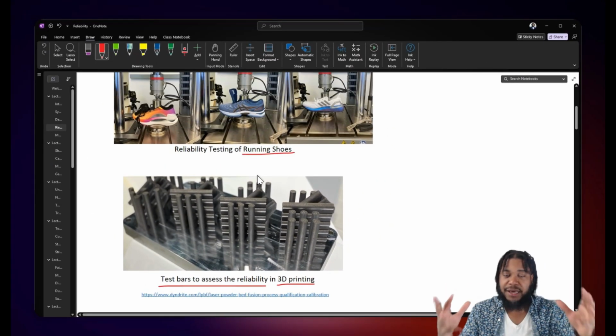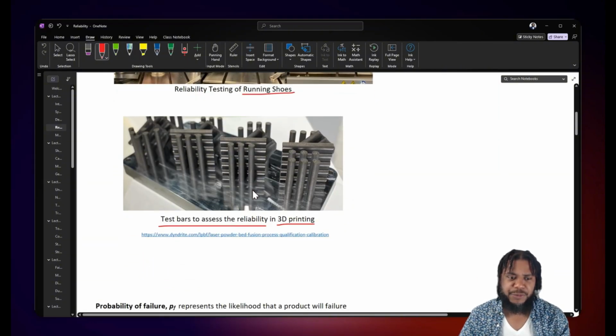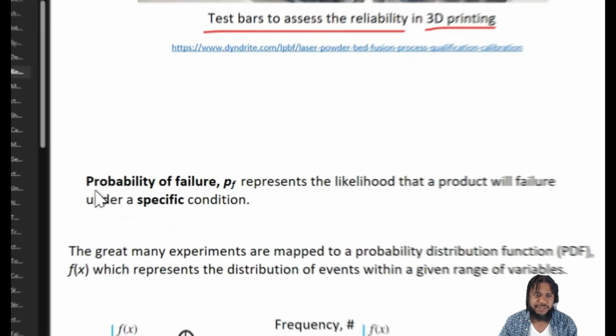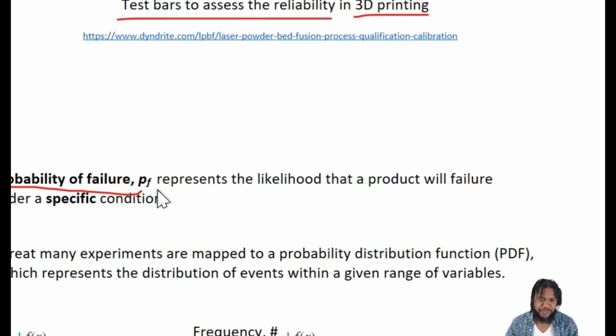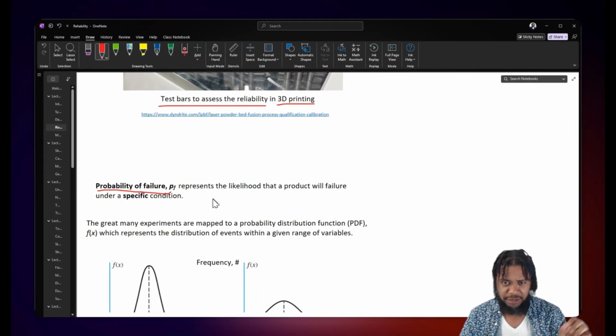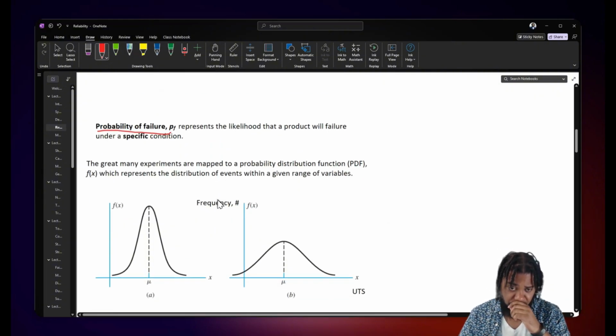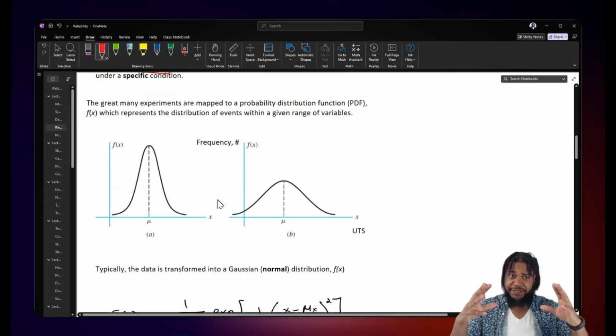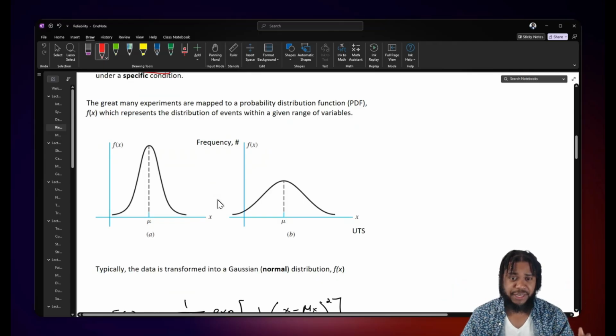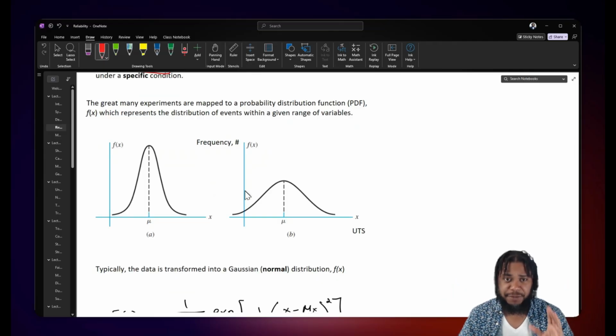Now, once we've collected a lot of data, we've got all of these tests, we then want to find the probability of failure, which represents the likelihood that a product will fail under a specific condition. So what we do is we get that great many number of experiments and we plot them as a probability distribution function.